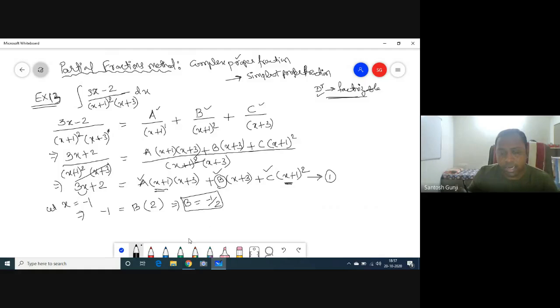Again take another value of x. In the same manner, put the next value. Now I am taking x equal to minus 3 to make b 0.